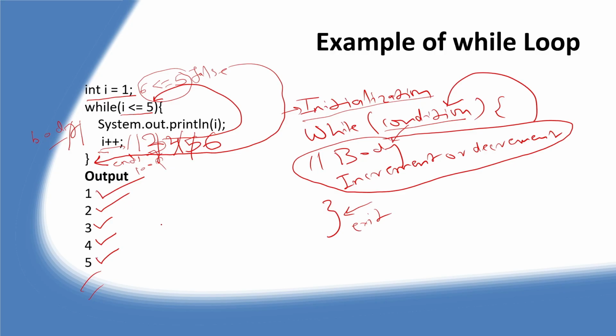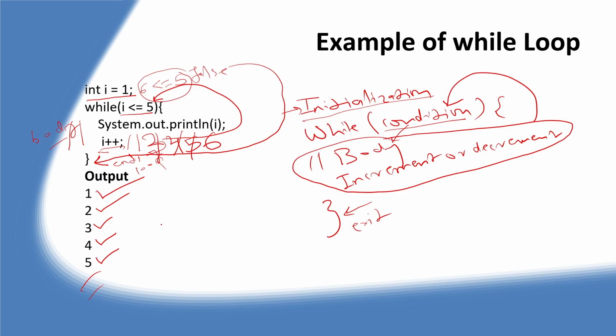Here the loop starts with I equal to 1. The condition remains true until I becomes greater than 5. So if I summarize in a shorter form, until the condition is true, the body will execute.